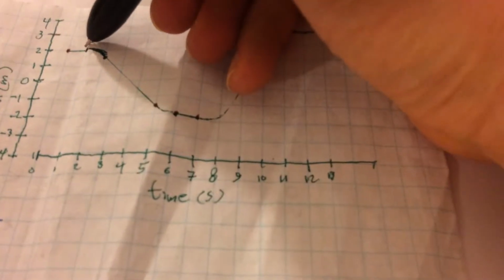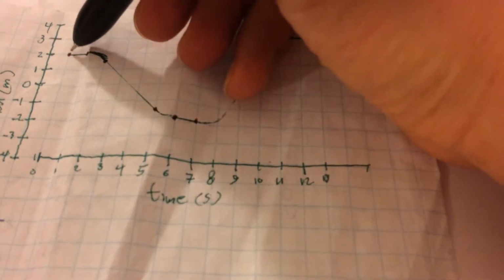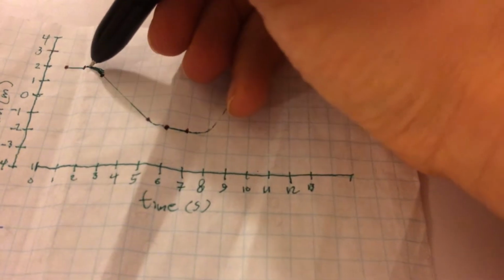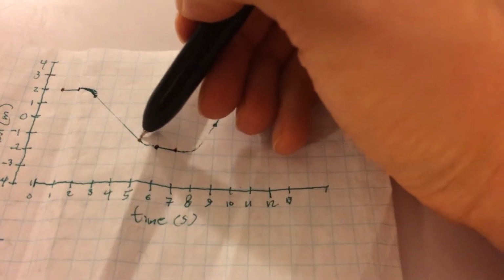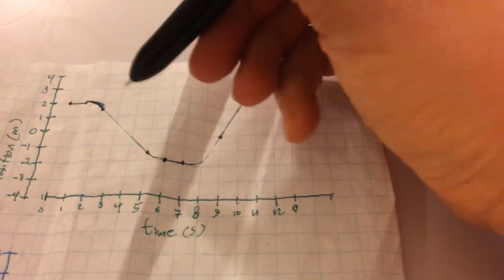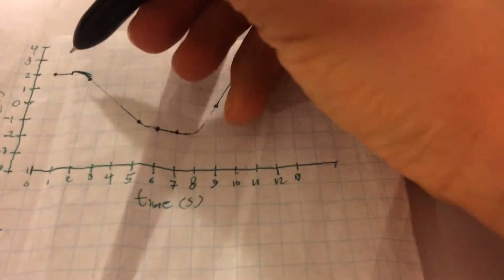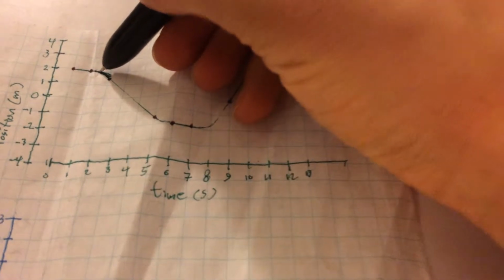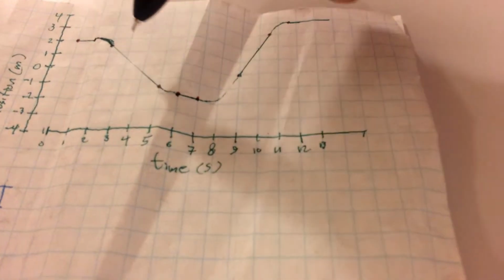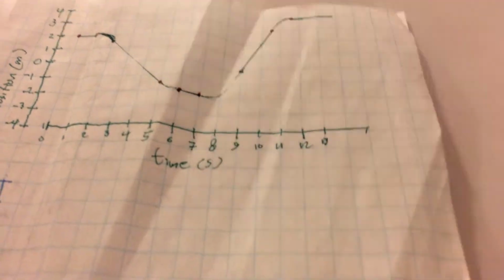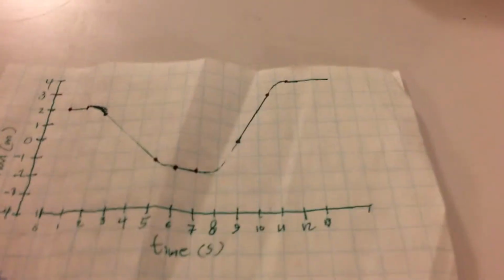So the acceleration between these two points is constant, and between these two points is constant, and between these two points is constant. The acceleration in this section might be different from this section and from this section, but it's always going to be constant in each section.